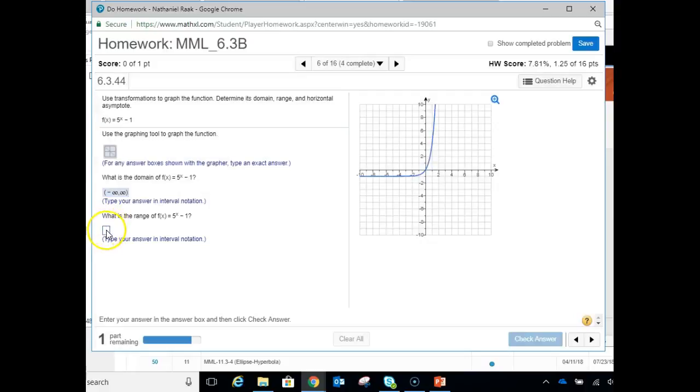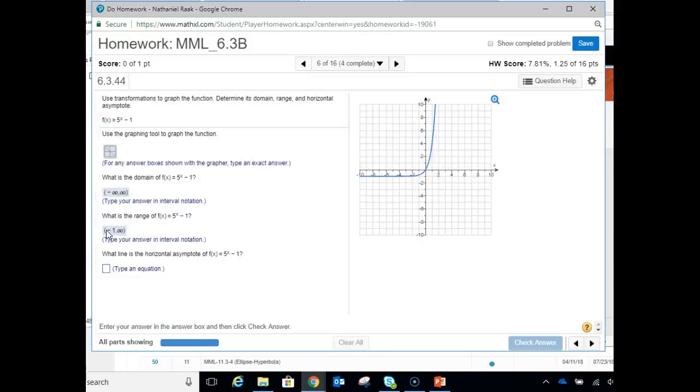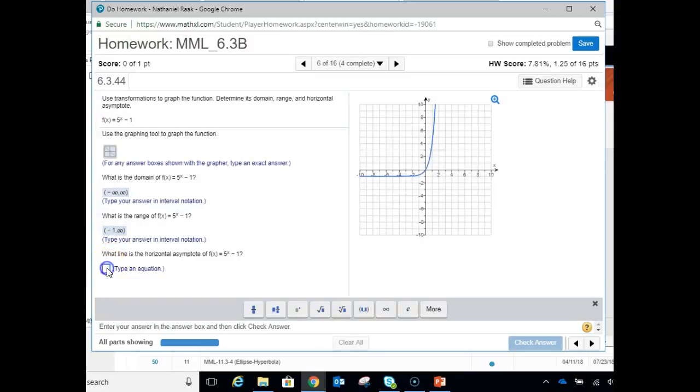And the range, normally, never crosses the x-axis or the asymptote y equals 0, but this one is shifted down 1, so the range is going to be from negative 1, it's never going to actually equal minus 1, and then up to infinity. The horizontal asymptote is the line y equals negative 1.